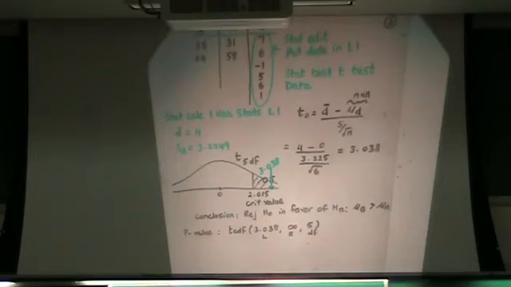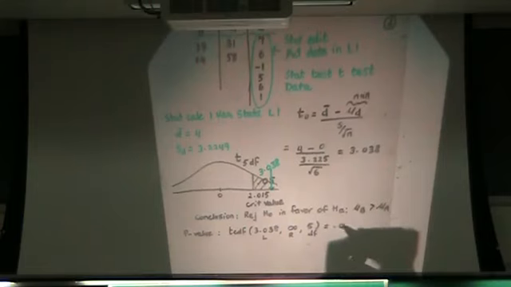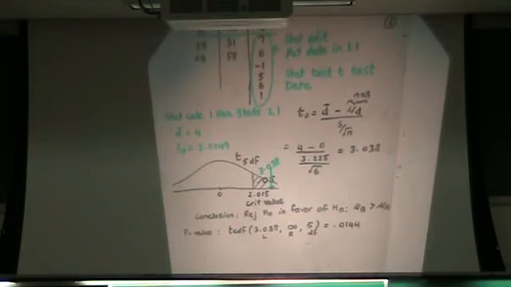I want to do it right now. So, second, VARS, TCDF, left endpoint 3.038, right endpoint 1000, degrees of freedom 5. I get 0.0144. I compare against alpha. Alpha equals 0.05. P less than alpha. Reject H naught.